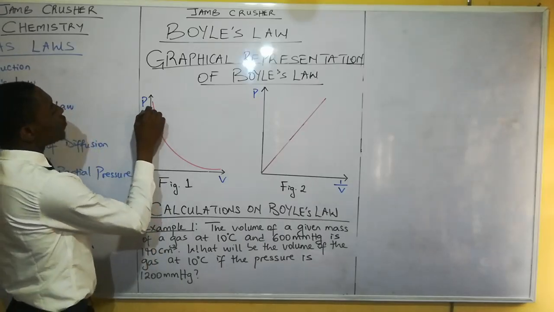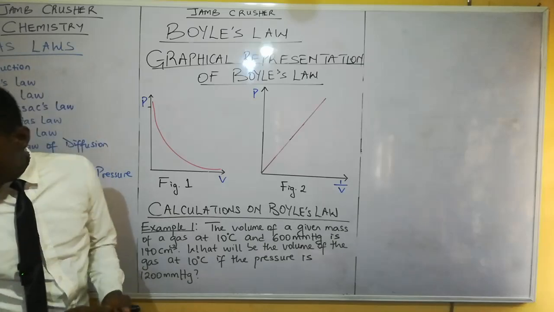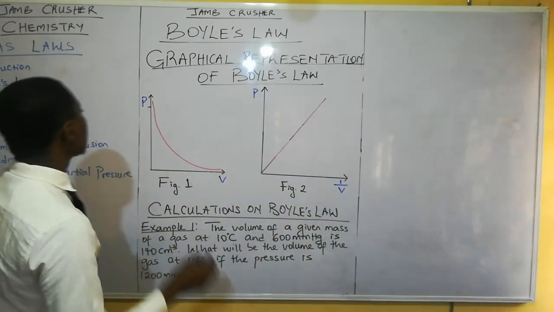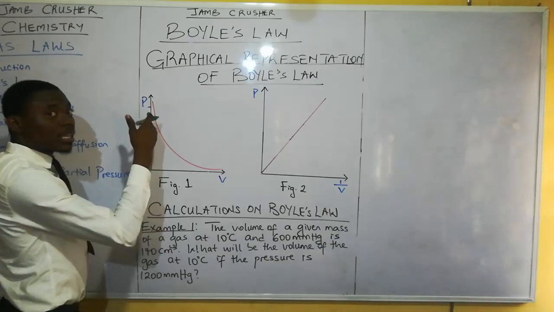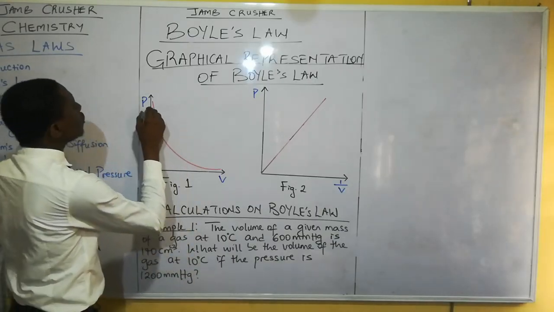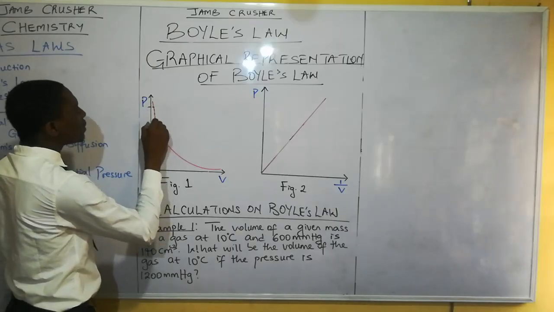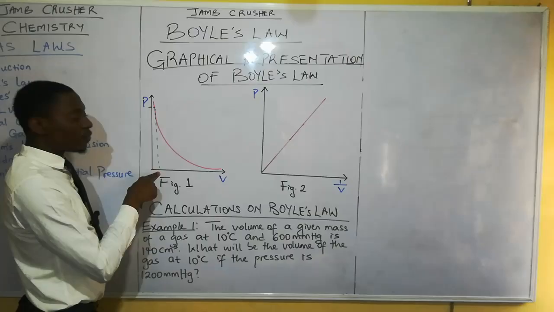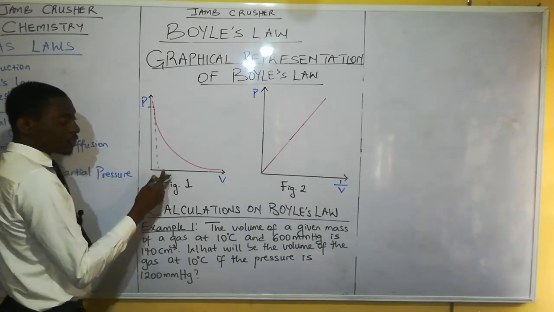I'm just taking that point as the highest value of pressure. Of course, it can go higher than that. If I trace that to the curve and then trace it down, you would realize that it falls at the lowest value of the volume, or it is falling at the lower part of the volume.